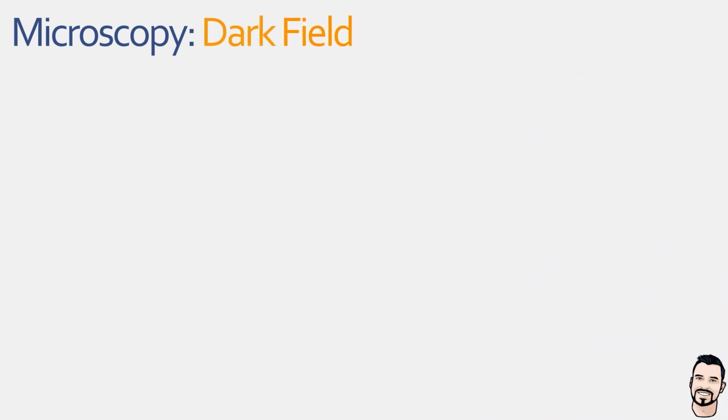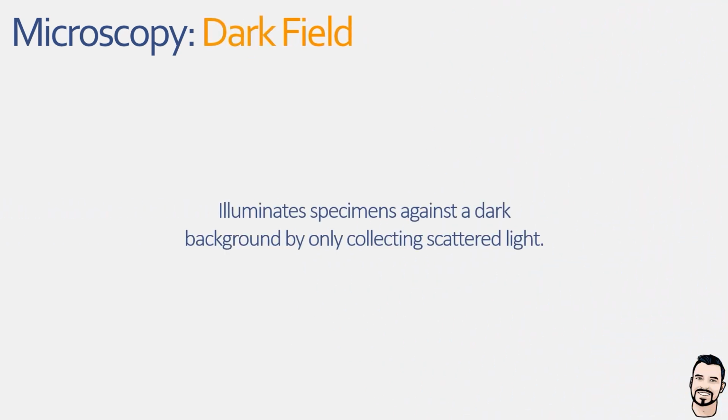Next, we have dark field microscopy, which is a specialized light microscopy technique that enhances contrast by illuminating the sample with oblique light, essentially light that has been scattered from the sides, rather than direct light passing through.